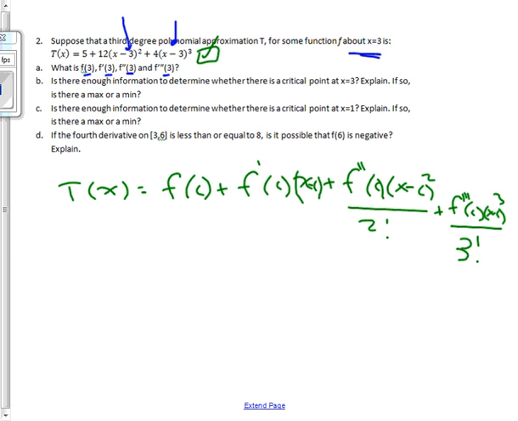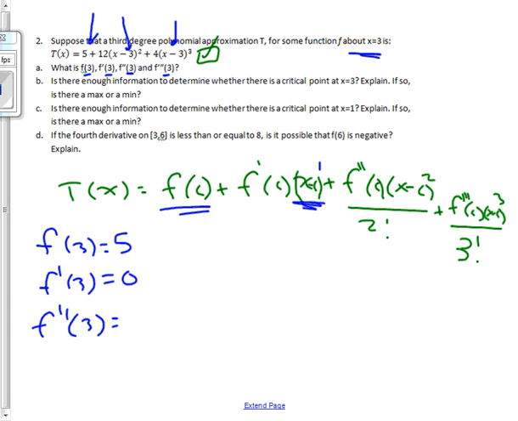So the first one, the easiest one, f of 3 is 5. F prime of 3, well, since there is no x to the 1 term, that's missing here, we know that f prime of 3 is 0. F double prime of 3, well, we get 12.